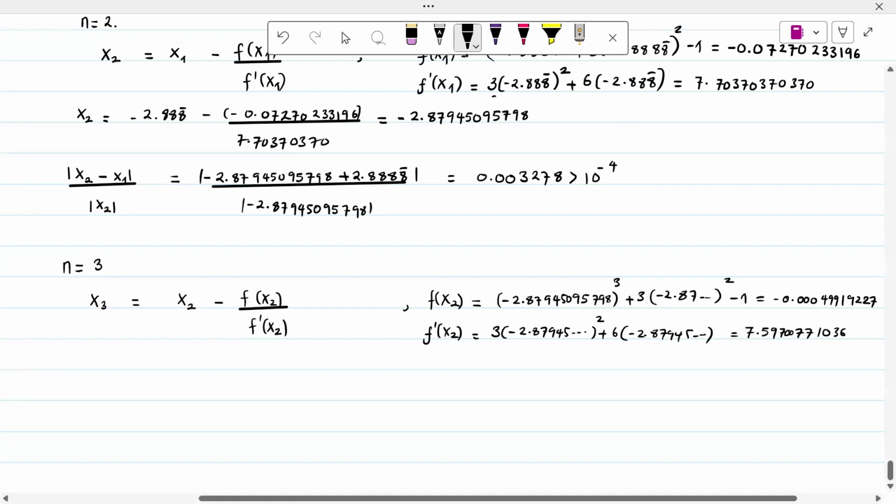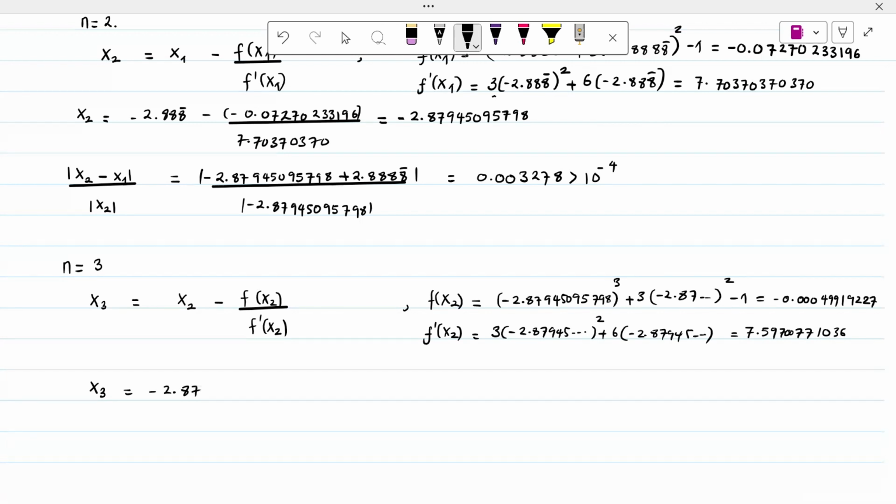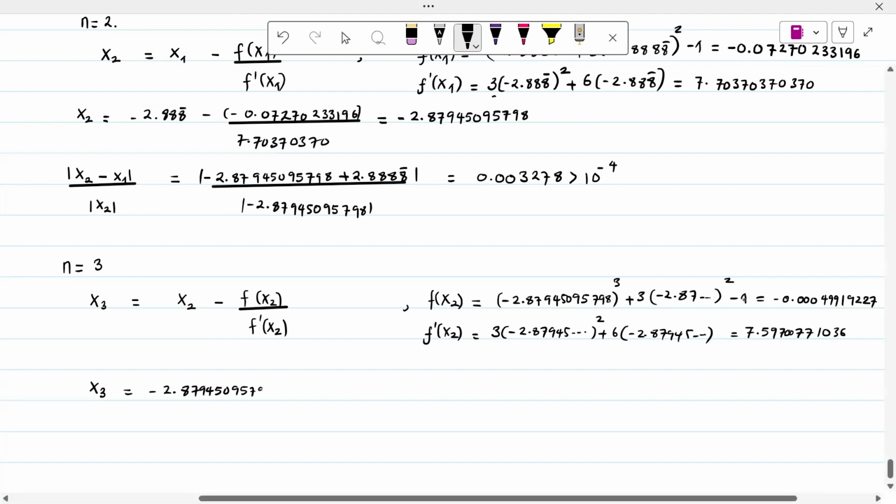Now let's apply this formula here to find x3. So x3 is equal to our x2. What was our x2? Negative 2.879450, 95798.